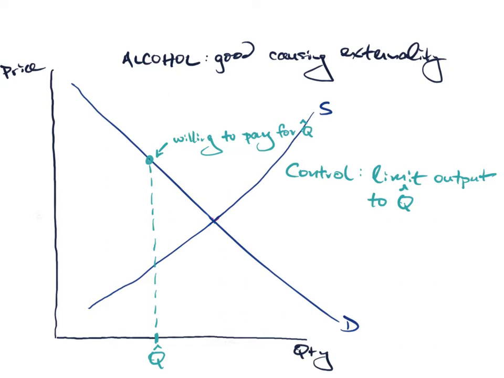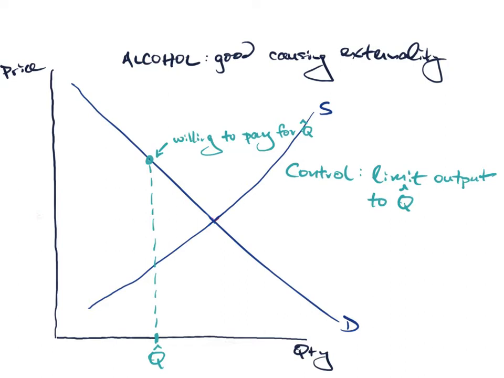Well, let me point out, if we cut back consumption to Q hat, the price that consumers are willing to pay for Q hat is determined by the demand curve.